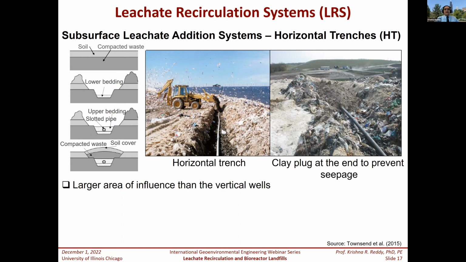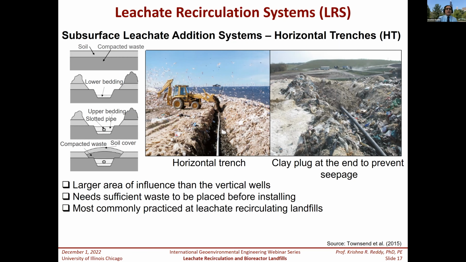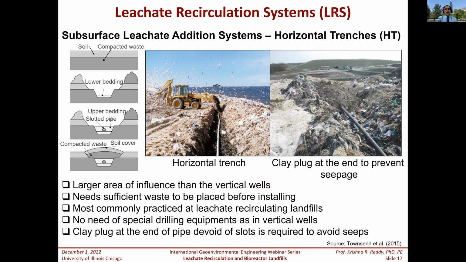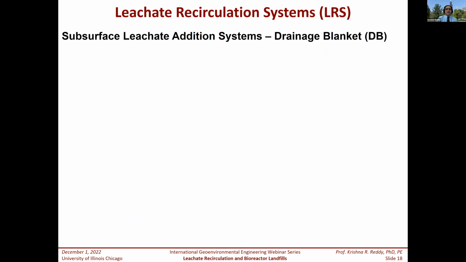You have to have a series of these trenches at different locations so that the waste is uniformly wetted by the leachate. You have to do pre-planning if you want to go with this one, because you have to put these trenches in during the waste placement.